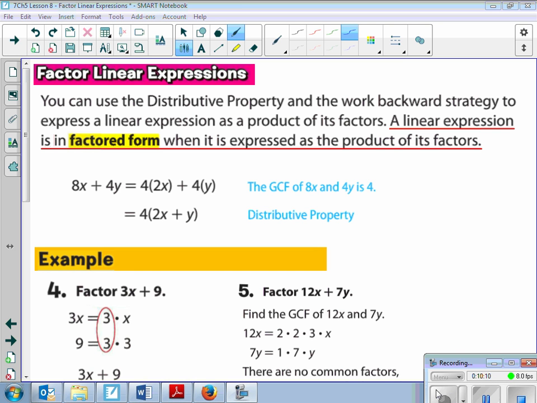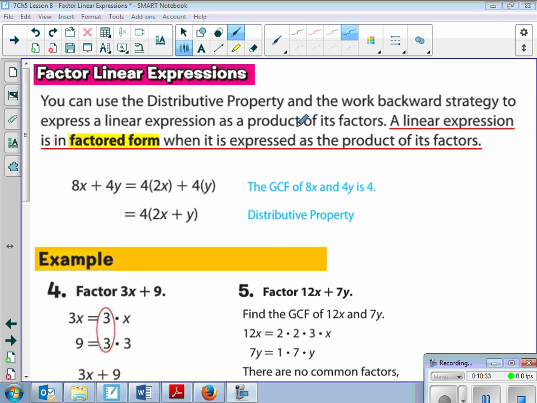So for example, we have 8x plus 4y. If I factor out the 4 from both of those, because the GCF of 8x and 4y is 4, and I divide that out, then I'm going to have 4 times 2x plus 4 times y.